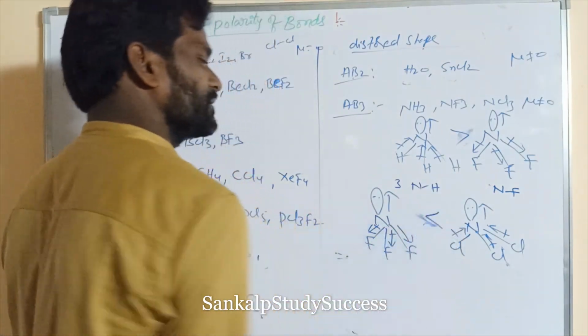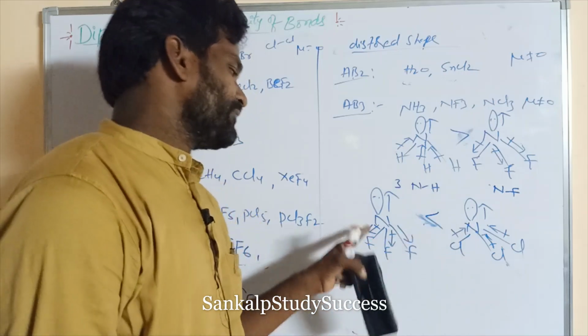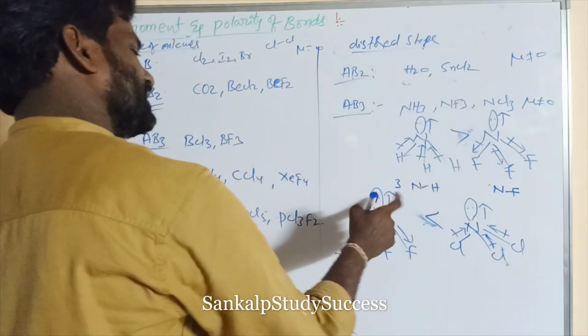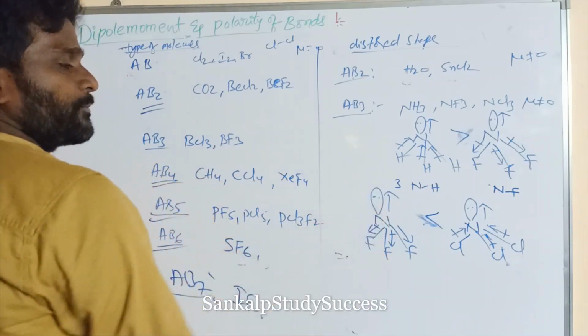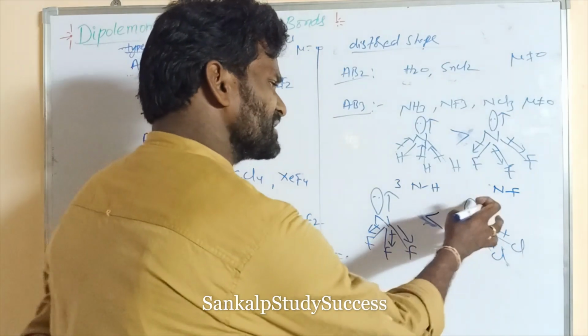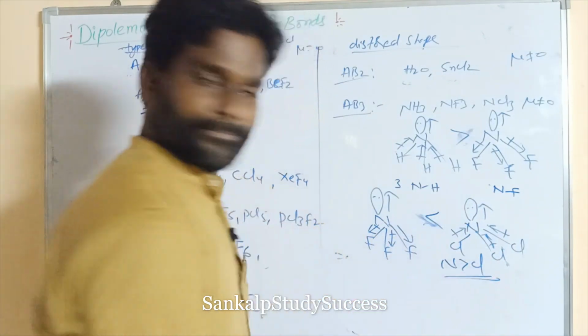NCl3 is more, because here all the bonds act in one direction, while there the bonds act in opposite directions, so its dipole moment is reduced. So in NCl3, N has more electronegativity than chlorine.